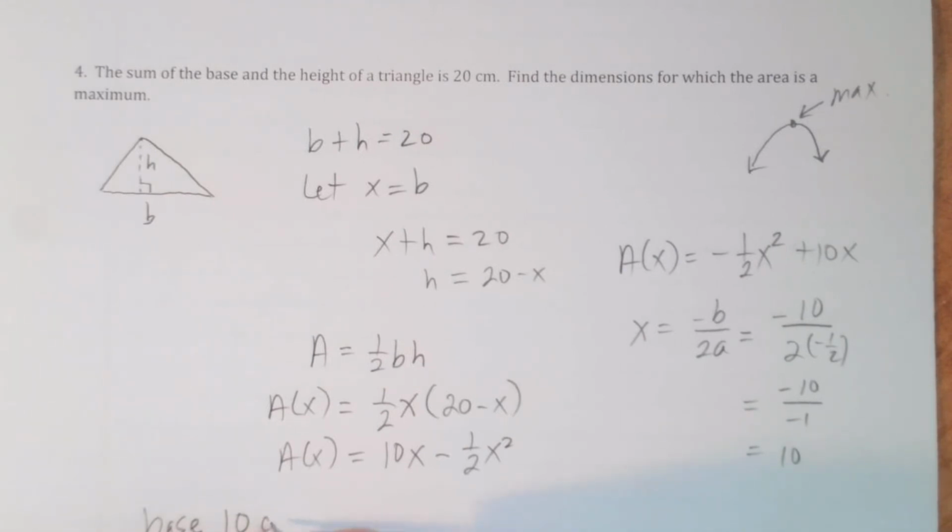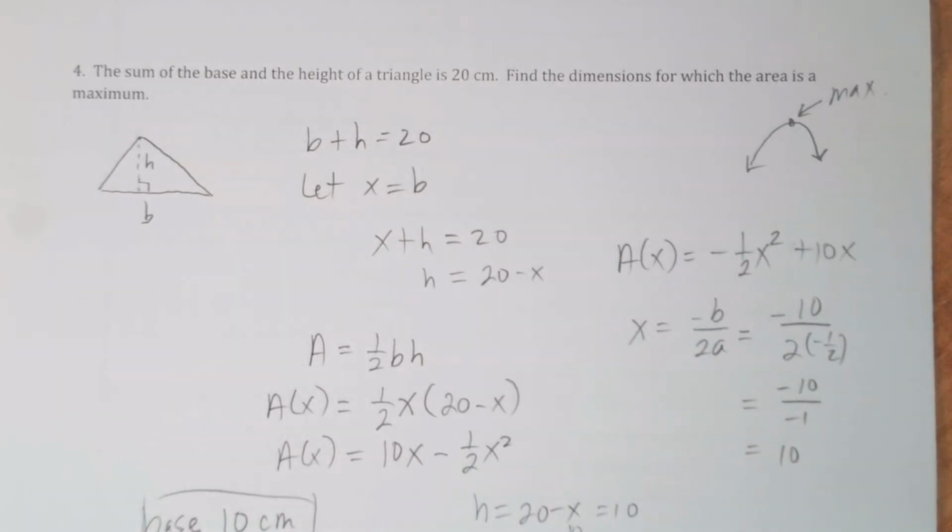We're dealing with centimeters here. What about the height? Well, we said that height was 20 minus x, so that would be 20 minus 10, which is 10, and so the height would also be 10 centimeters.